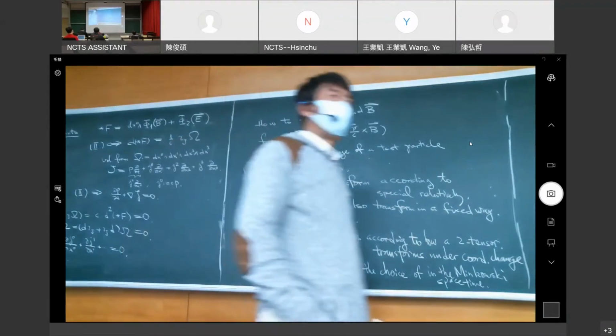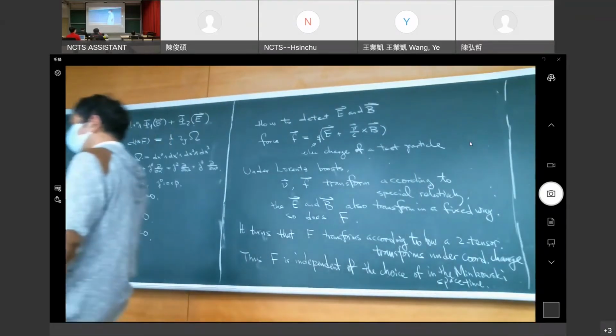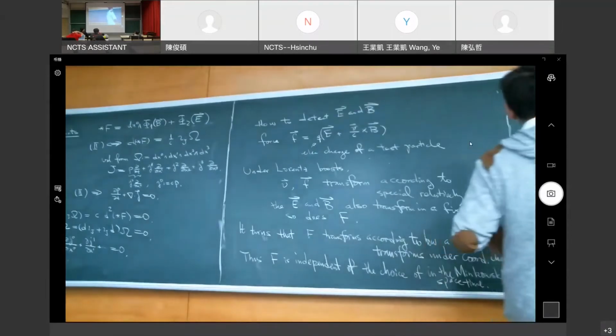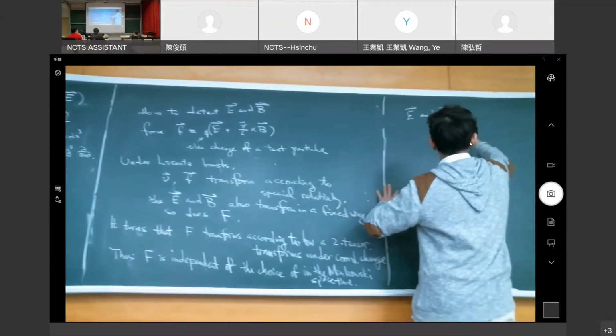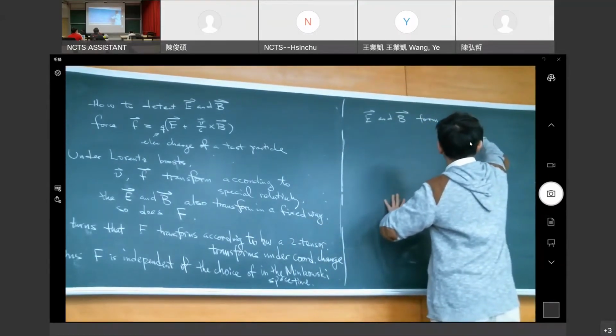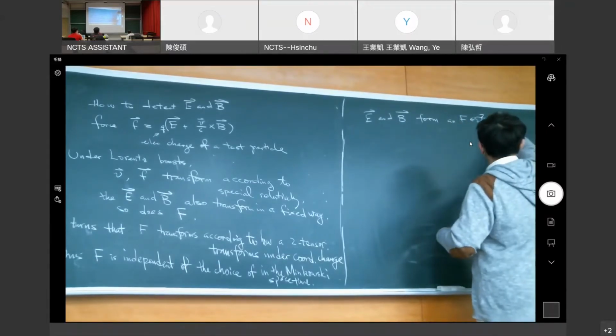And the other aspect of physics that we should mention is that you see, E and B form an F, which is a two-form.